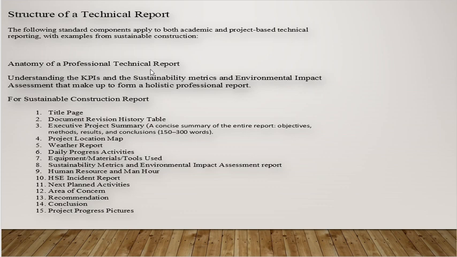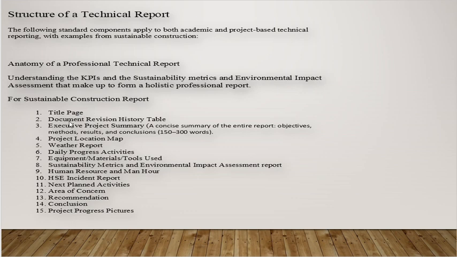Now, with all this, you can gather all the information you need to guide you through preparing a professional technical report. So, for the anatomy of a professional technical report, the first one is the title page.